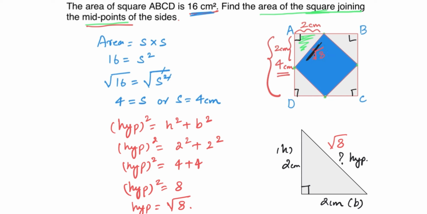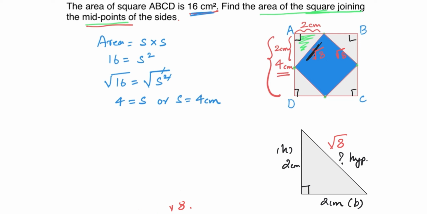Now we know the side of the square, we can find the area of this new square. It is side times side. We just substitute this square root of 8 in the formula and we get the area of this new square. So we'll rewrite the formula. Area is equal to side times side.